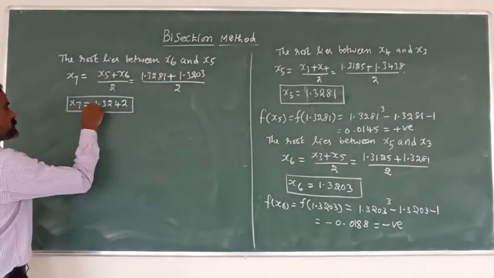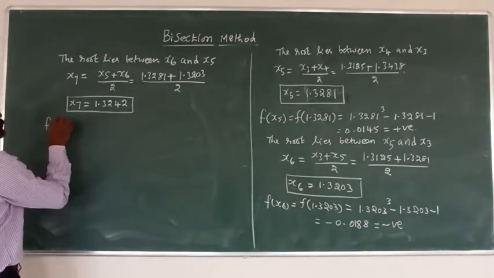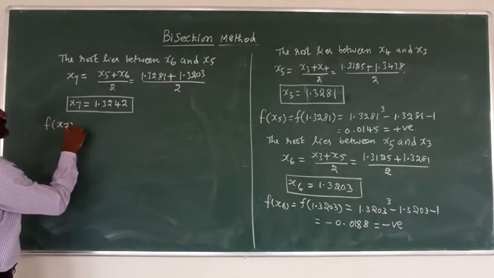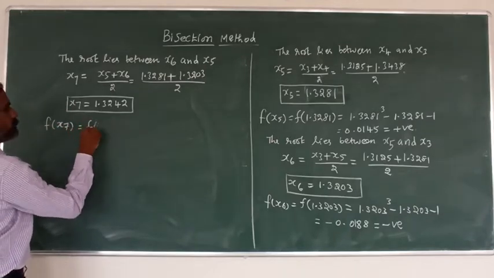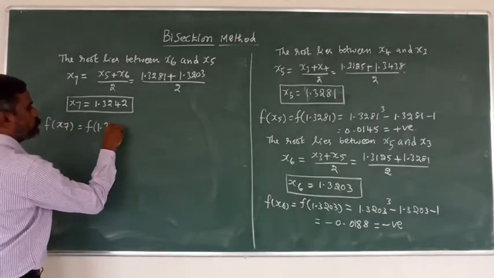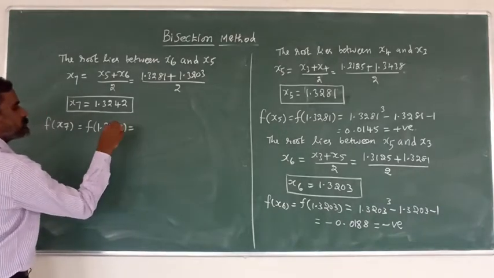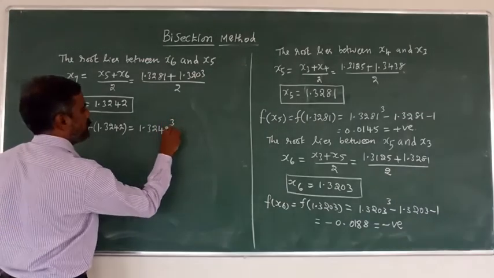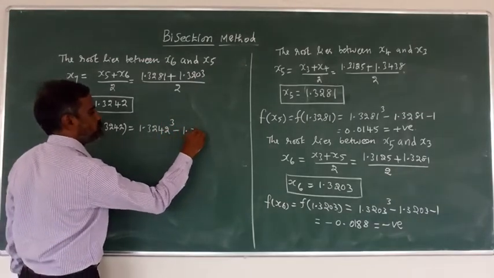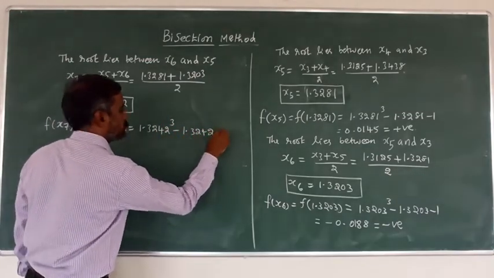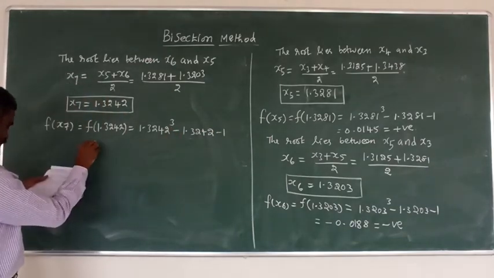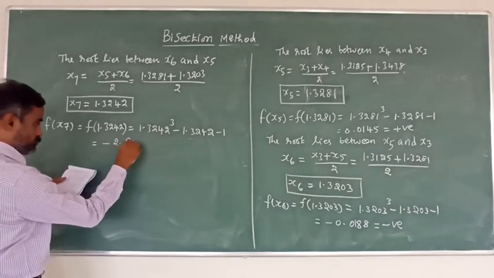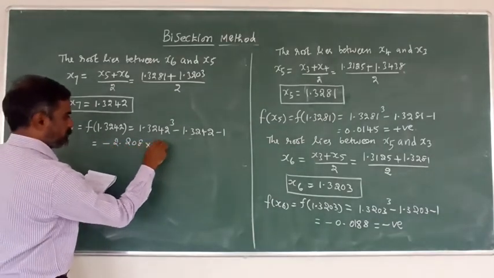Now to check whether the x7 value is positive or negative, substitute f of x7 equal to f of 1.3242: 1.3242 cube minus x value 1.3242 minus 1. Now this result is minus 2.208 into 10 to the power of minus 3.